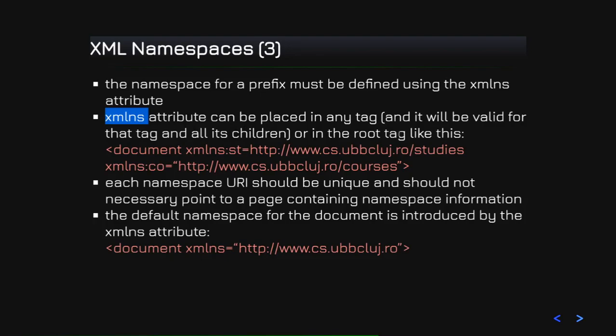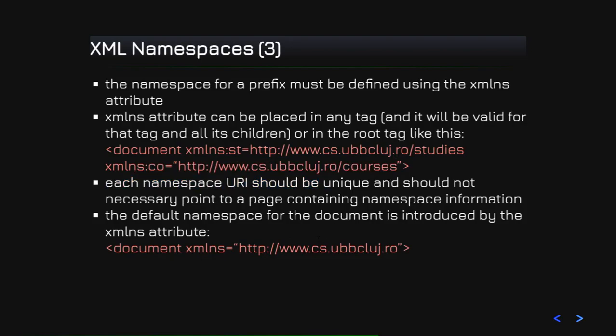Or it can be placed in the root tag like this. So we have the XML NS attribute, which defines the namespace for this prefix. So the namespace is this one for the prefix st, and the namespace for the prefix co is this one.